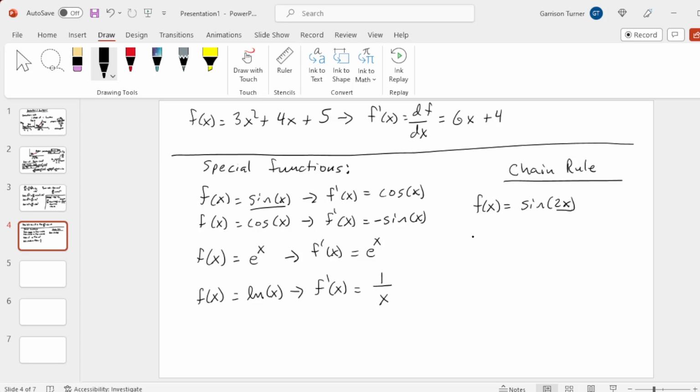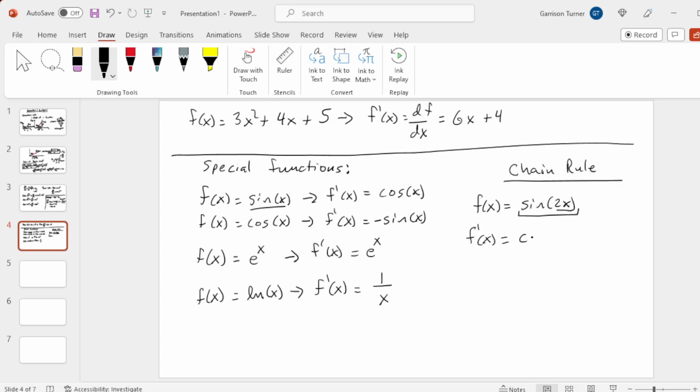Well, what the chain rule says is if I want to take the derivative of this, then what I do is take the derivative of the first function. So I'm going to take the derivative of the sine, and I'm going to leave the argument alone, whatever it is, but I know the derivative of sine is cosine.